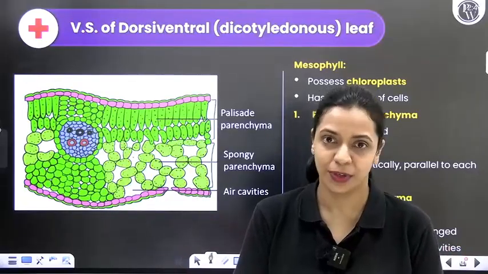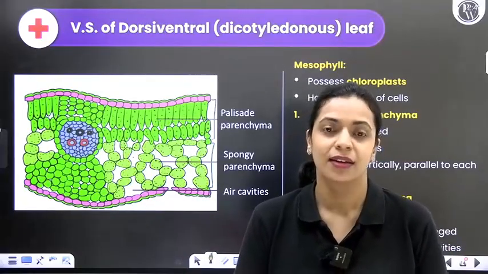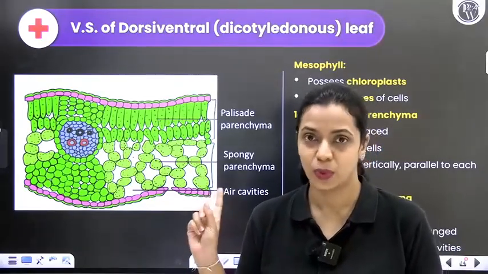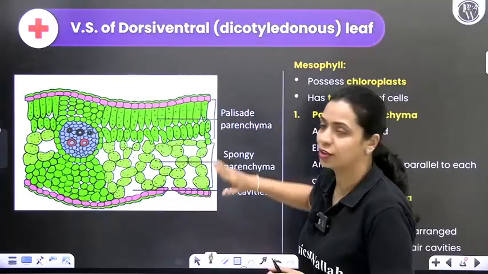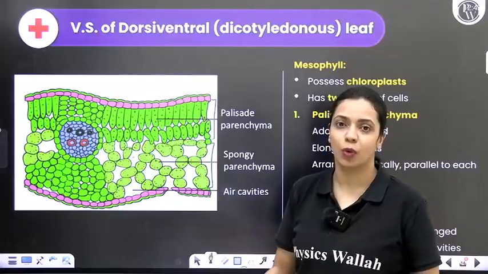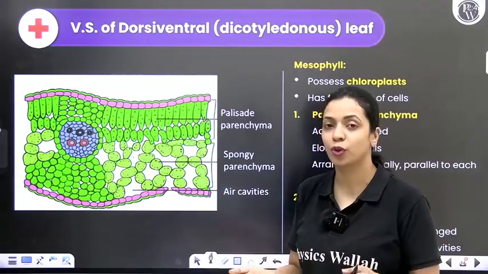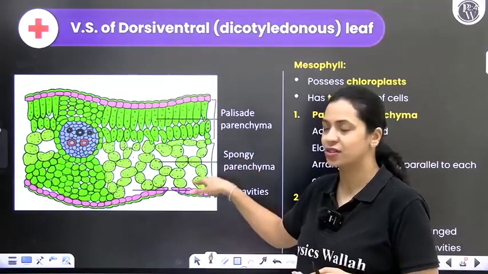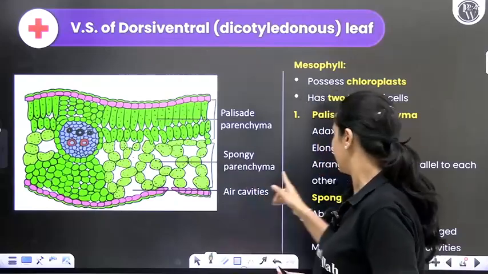That is why it will appear slightly lighter in color. So this is another reason why there is a difference between the upper and the lower surface, because though all of these mesophyll cells are involved in photosynthesis and all of them have chloroplasts, how they are arranged and what their shape is will vary.